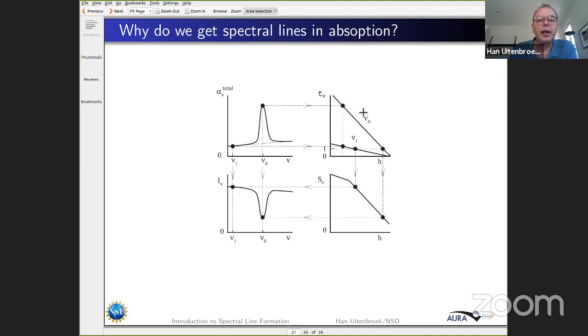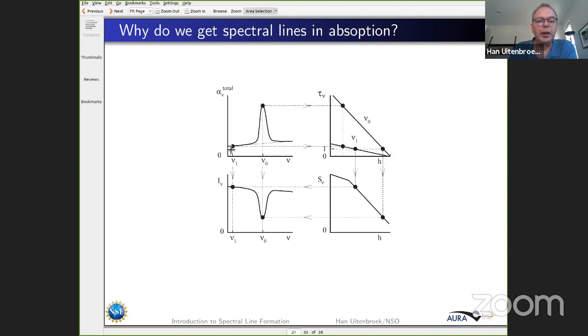And now let's calculate the optical depth at the different wavelengths as a function of height. We know that the absorption coefficient is much larger at μ0, the center of the line, and we know therefore that the optical depth is a very much steeper function of height, or depth, if you will, the minus the height, than in the continuum at μ0, right?